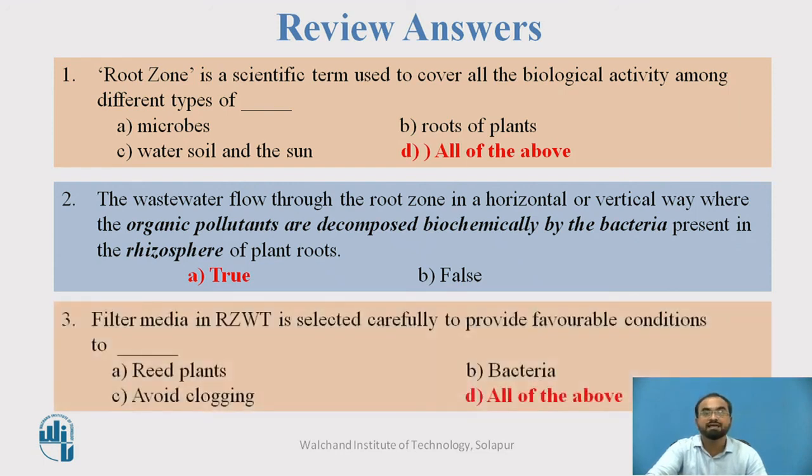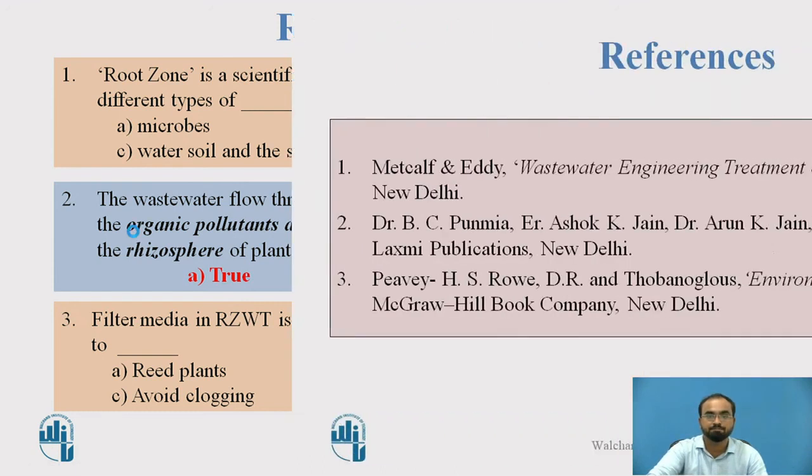The filter media in RZWT is selected carefully to provide favorable conditions to whom? To reed plants, bacteria, and also to avoid clogging. So all of the above is the right answer.